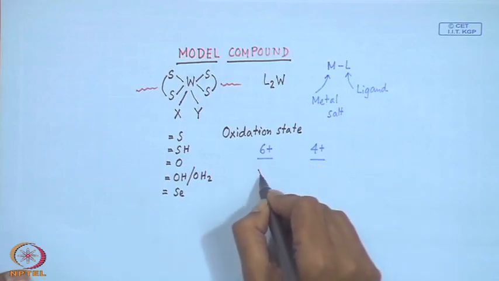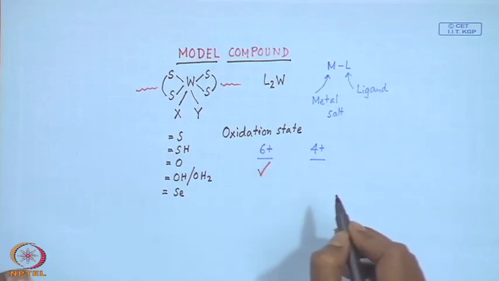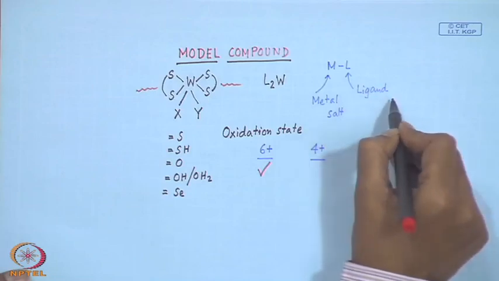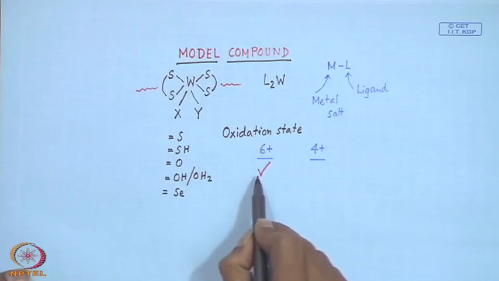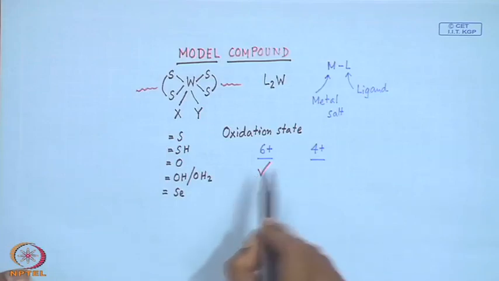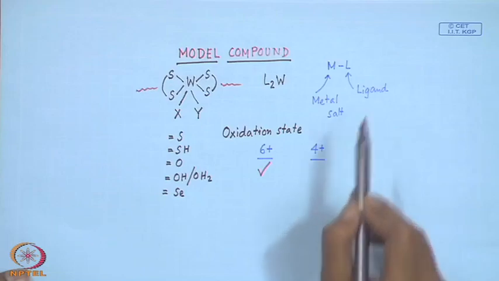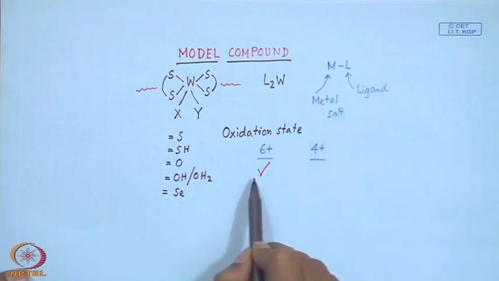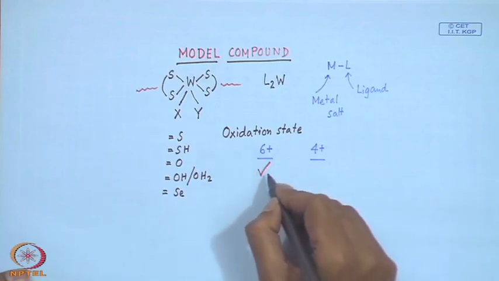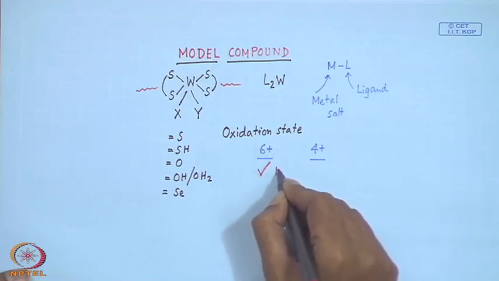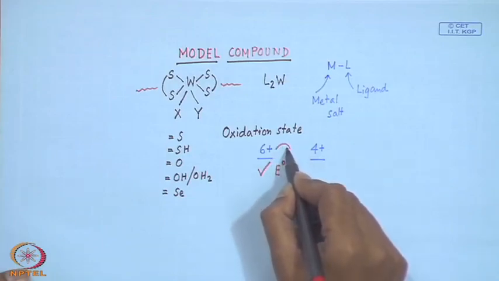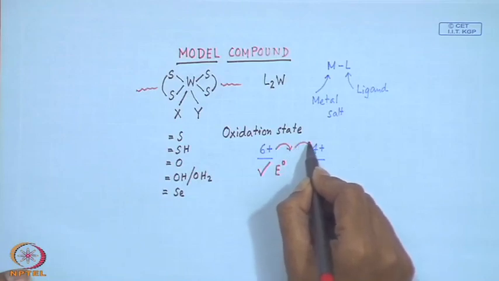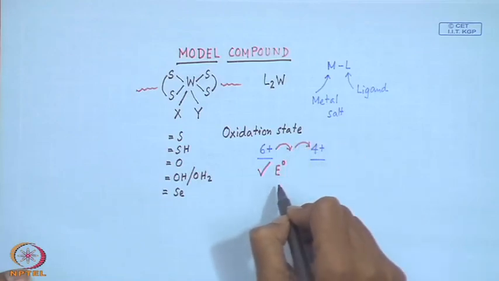When we get the compound in the +6 oxidation state, that means the ligand can stabilize the model compound in the highest possible oxidation state. So the ligand is well suited for stabilization of the metal center in the hexavalent state, and the reduction potential for the transformation +6 to +5 or +5 to +4 is low.